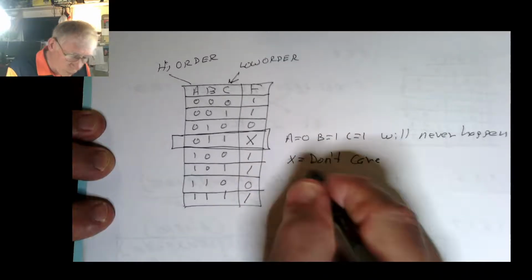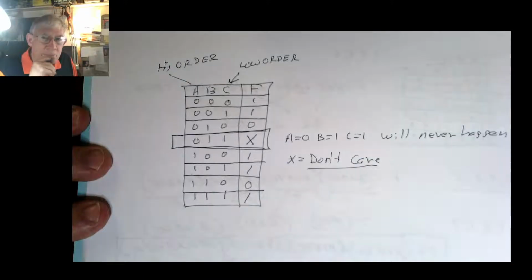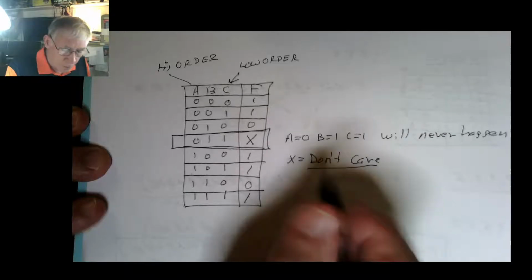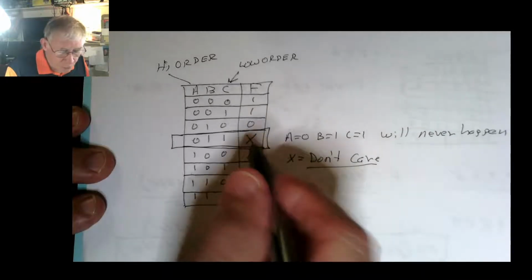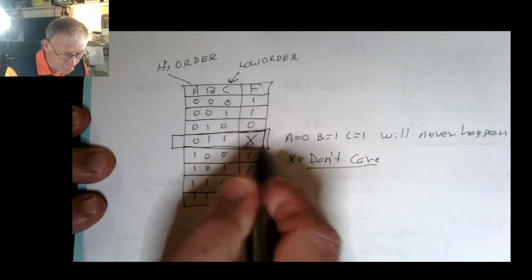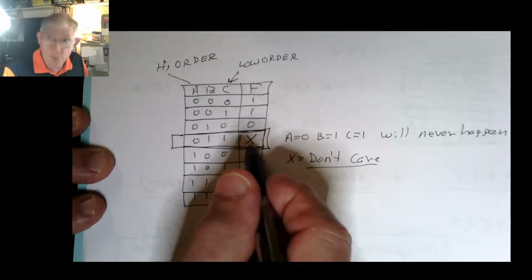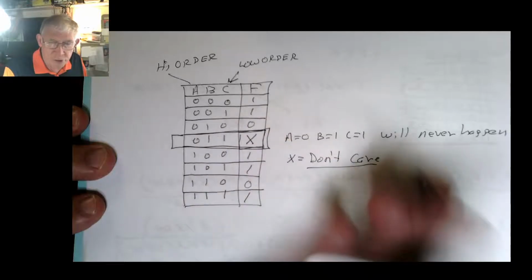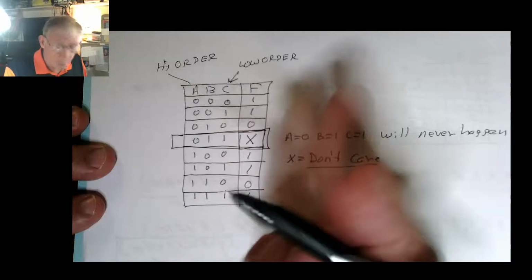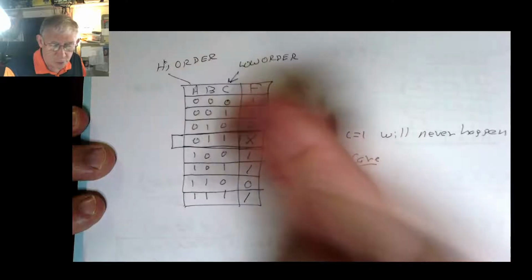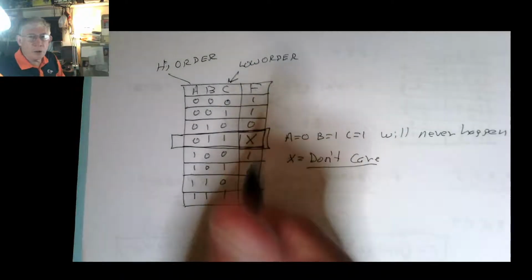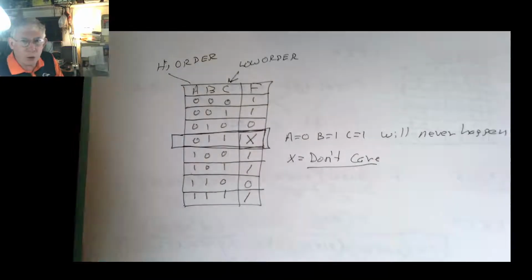Now, like most things in logic design, the name that's been given to this is a little confusing. What's confusing is it's not so much that we don't care about this value. We actually do care because we want to pick it carefully to make sure it simplifies our overall equations that result in our solution. And how we pick it could allow us to simplify it more or less.